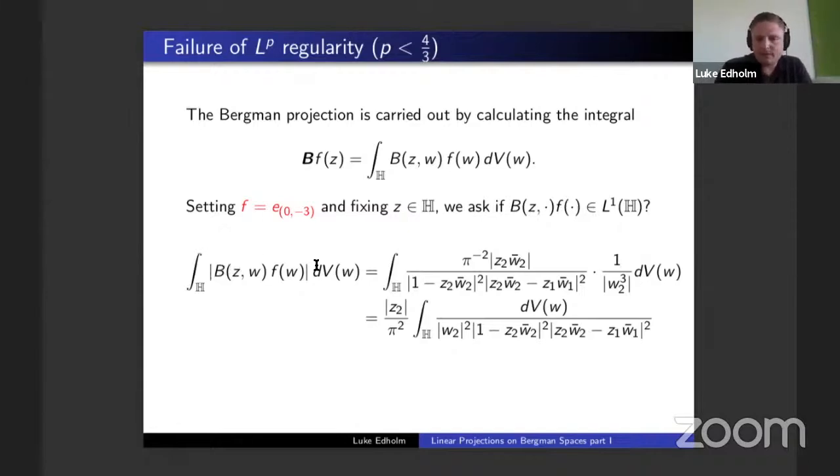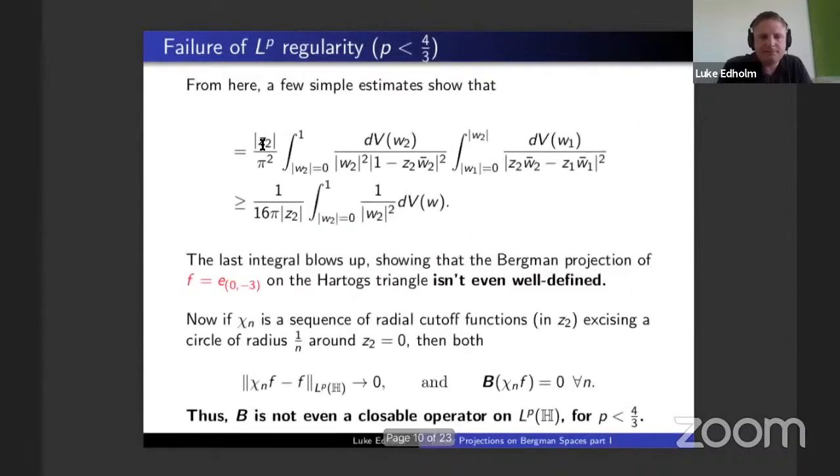Well, we can plug this in and do a little bit of manipulation, get to this stage, and then do a few quite simple estimates and end up estimating it by this from below. And of course, this integral here blows up. And so the Bergman projection of this function on the Hartogs triangle isn't even well defined.